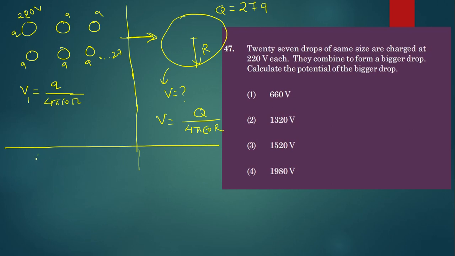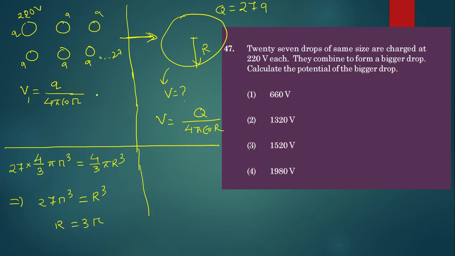The volume of each small drop is 4 by 3 pi r cube. How many drops are there? 27. This volume should be equal to the total volume after formation of the bigger drop, which is 4 by 3 pi capital R cube. Thereby I get 27 r cube equals R cube. So R becomes equal to 3 times r.